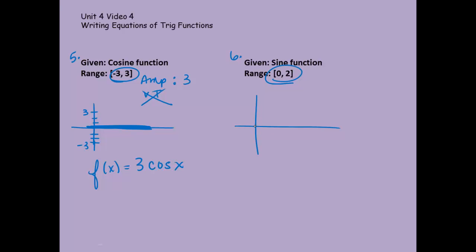So again, I'm going to go ahead and mark that it goes from 0 to positive 2. For this one, clearly we moved up because I'm no longer with 0 right in the middle of everything. In fact, the middle is 1. And if the middle is 1, then that makes my vertical translation up 1.